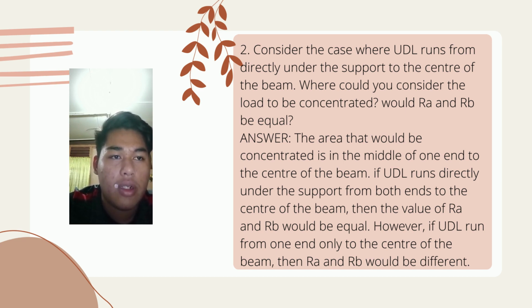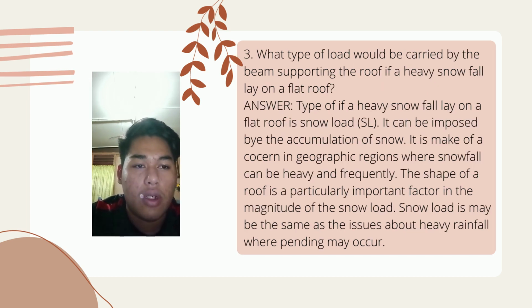If UDL runs directly under the support from both ends to the center of the beam, then the value of RA and RB would be equal. However, if UDL runs from one end only to the center of the beam, then RA and RB would be different.